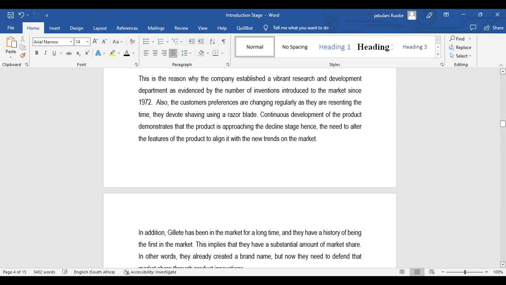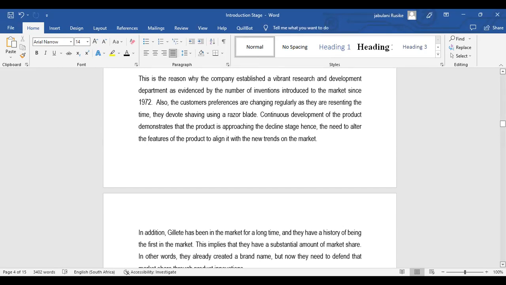So continuous development of the product demonstrates that the product is approaching the decline stage. Hence, there was a need to what? To modify the features of the product so that you align it with the new trends on the market, because the technology is dynamic.